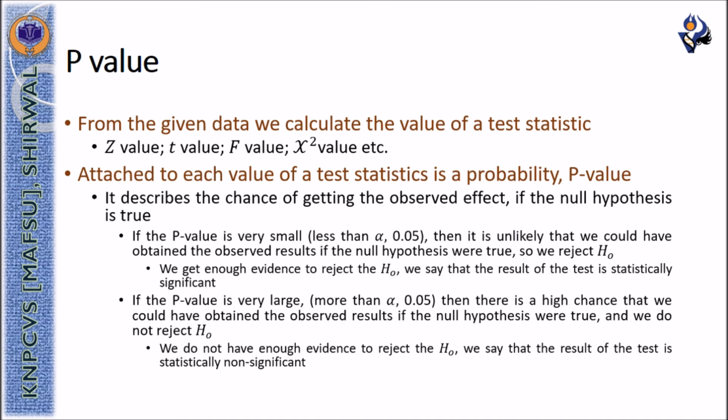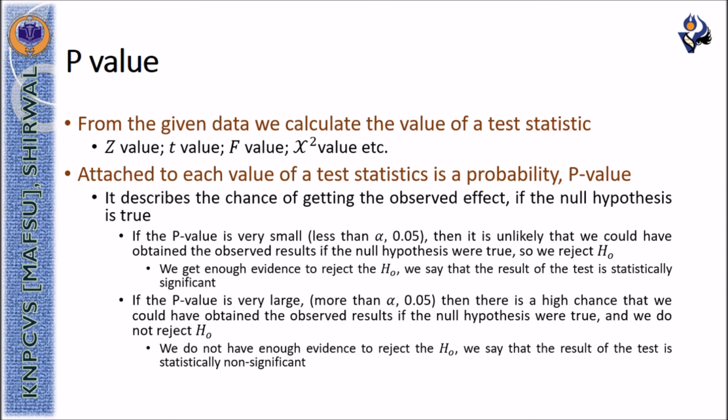If the p-value is very small, less than 0.05, then it is unlikely that we could have obtained the observed results if the null hypothesis were true. So, we reject the null hypothesis. We get enough evidence to reject the null hypothesis. We say that the result of the test is statistically significant.